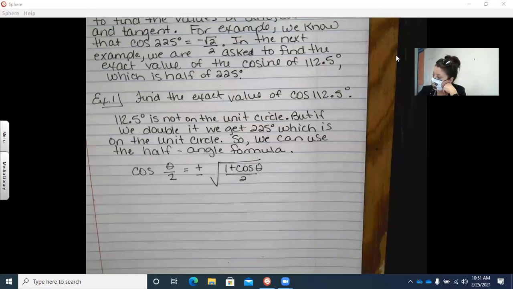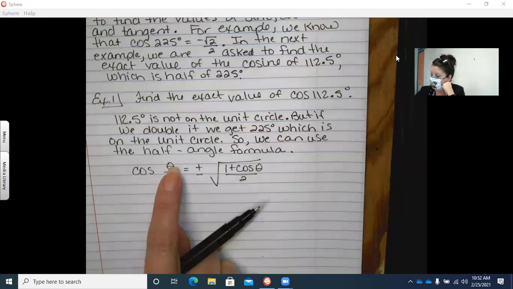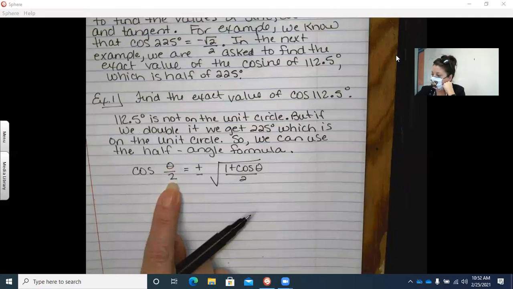Okay, so this part's kind of weird. For cosine, I'm not going to put 112.5 in for theta, because 112.5 divided by 2 is not the cosine of 112.5, right? So what do you think I'm going to put for theta? 225, because that divided by 2 is 112.5 degrees, which is what we're trying to find.